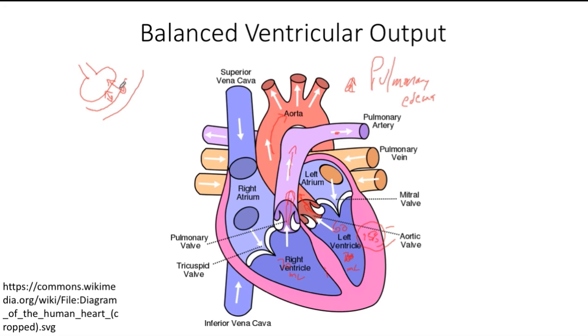That's why, for example, people need to take diuretics in these situations to try to get rid of that excess volume, especially within the pulmonary circuit. Like Lasix is a common one. And the other way around, if we were to flip this around and say that the left ventricle had an output of 70 milliliters per beat, and the right only had an output of 60, then it would be the other way around.